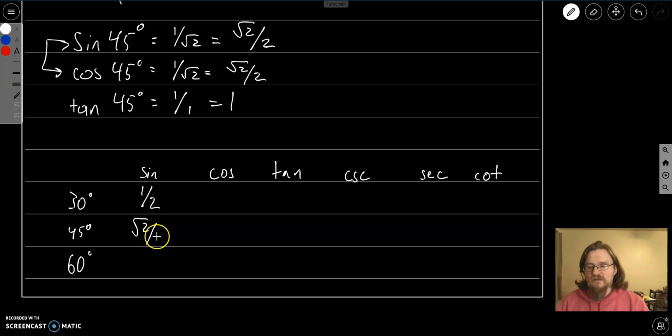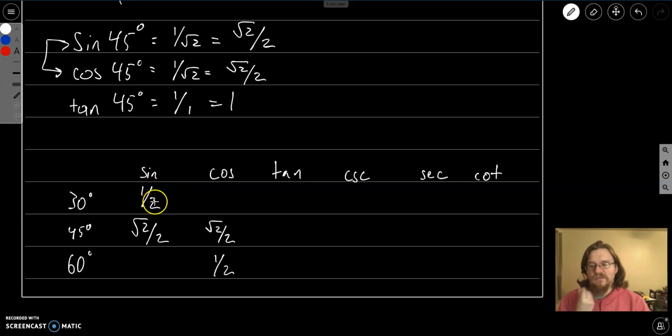So the sine of a 45 degree angle is going to be the square root of 2 over 2. And sines and cosines are co-functions. So the sine of a 30 degree angle is the same as the cosine of a 60 degree angle. Also, the sine of a 45 degree angle is going to be the same as the cosine of a 45 degree angle.